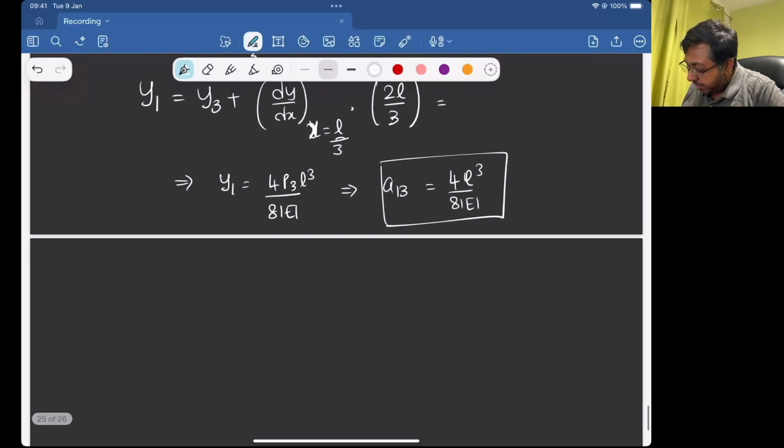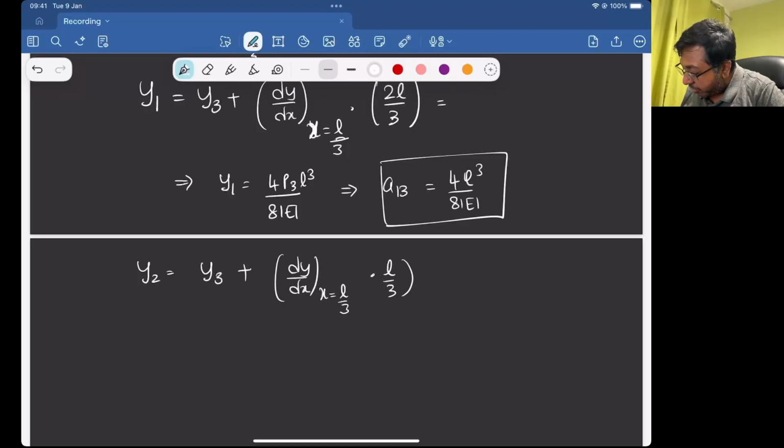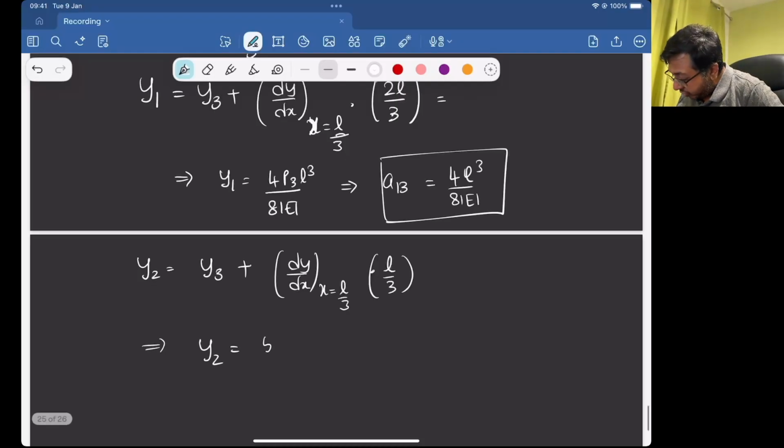Similarly, I can write my deflection at point 2 as y3 plus dy by dx at x equal to L by 3 into L by 3. The distance between point 2 and point 3 is only L by 3, so we use that accordingly. If I simplify this, I get y2 equal to 5P3L cube over 162 EI.